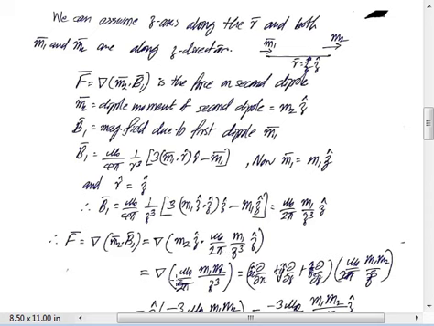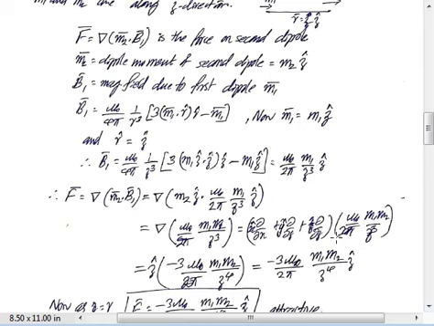So this will be the result. Now del is equal to x cap dou by dou x plus y cap dou by dou y plus z cap dou by dou z, operating on mu 0 by 2 pi m1 m2 by z cube.